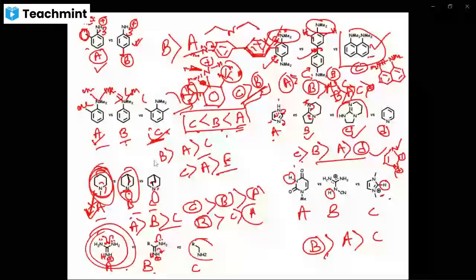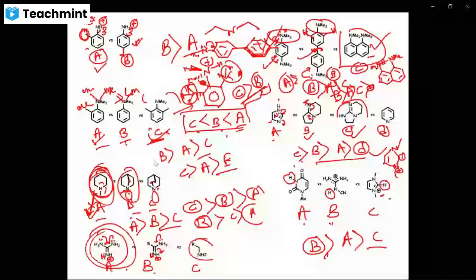So that means A and B will always be more acidic than C. So C is least acidic. Now between A and B, one is positive species which will become neutral, and another one is neutral which will become negative. So that means B is more acidic. Clear? Understand? Okay.